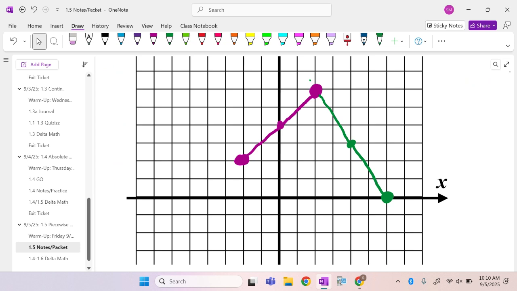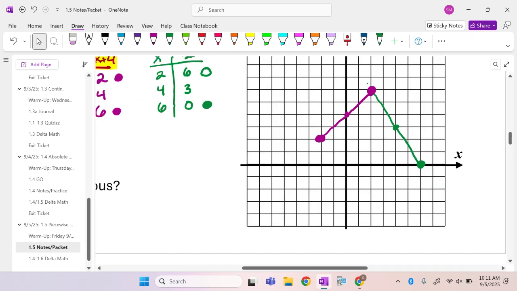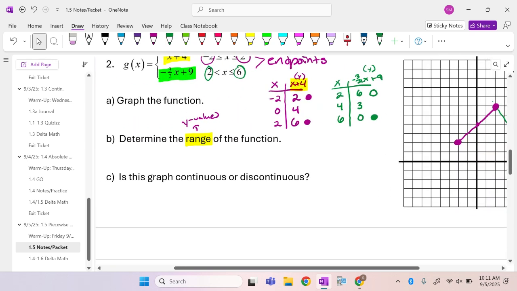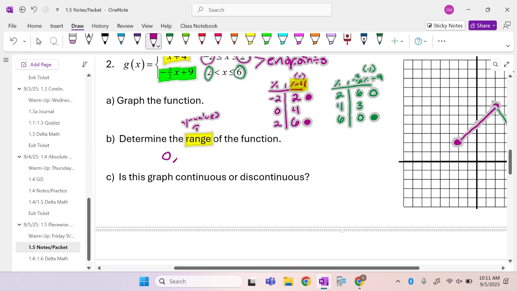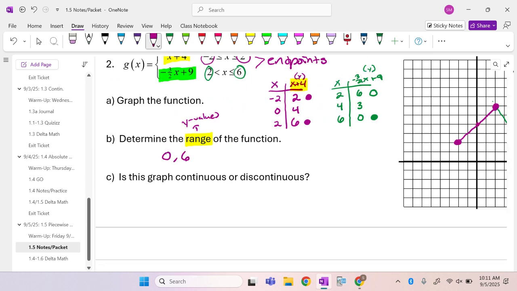That'll be right here. That's 0. So my y value starts at 0. And I keep running my pencil along, and I'm going to stop when I run out of the graph. So what's my highest y value? 6. Good. So now, since both of those were closed circles, would I use brackets or parentheses to describe them? So it's going from 0 to 6, but would I use brackets around them or parentheses? Brackets, because both of them were defined there. They had closed circles there.